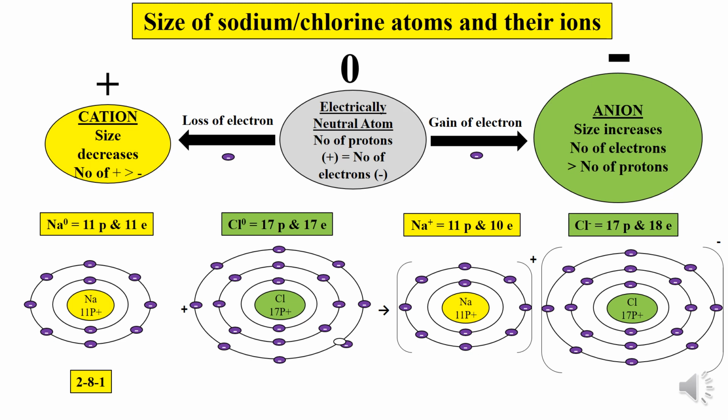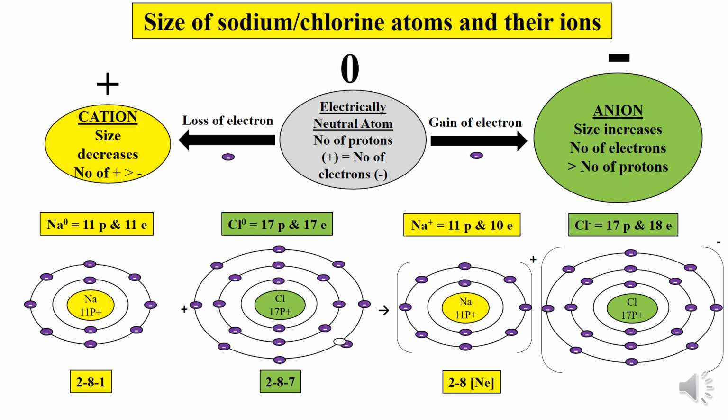Now the sodium atom's electronic configuration is 2,8,1. The sodium atom has lost its only valence electron in order to attain the stable electronic configuration of neon, that is 2,8. Now the chlorine atom has an electronic configuration of 2,8,7.